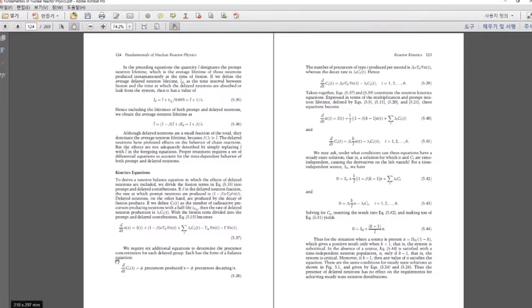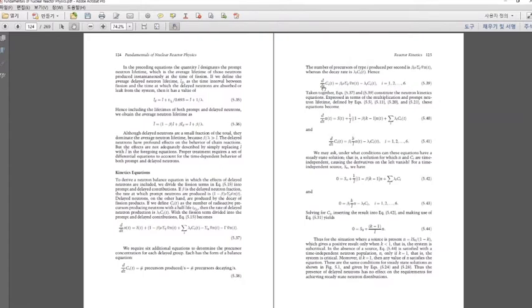So we now have one differential equation, and there are 6 more differential equations. The left-hand side tells us the concentration of the ith precursor, where i runs from 1 to 6.